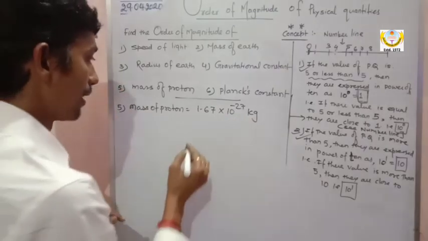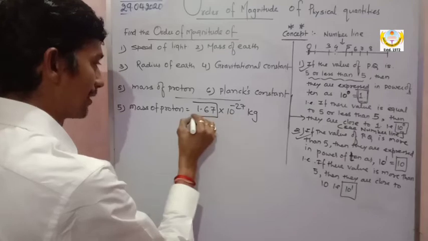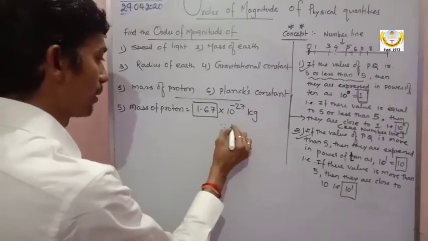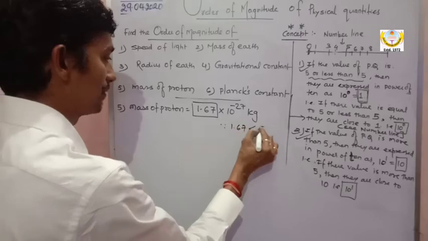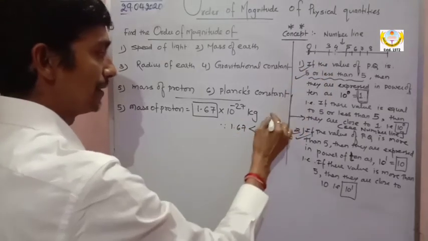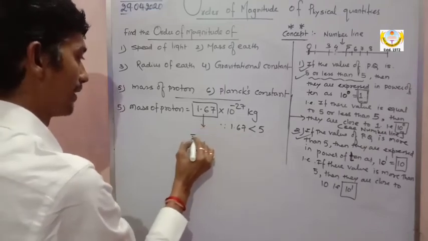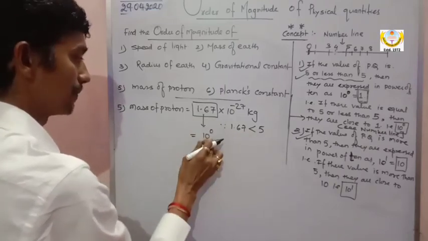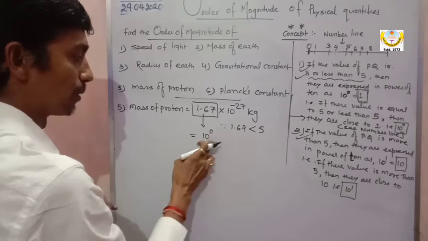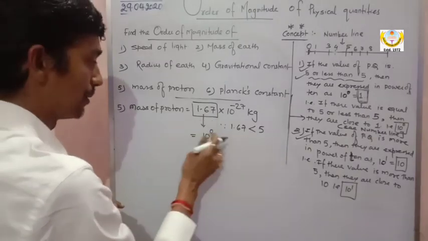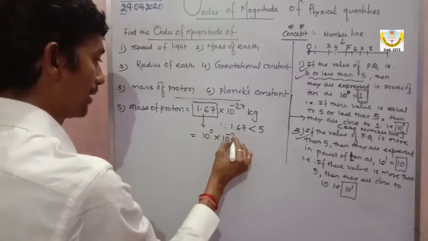Okay. Now my dear, again this is one digit, already given in one digit, 1.67. Since 1.67 is less than 5, that is rule number 1, less than 5, so here I will write 10 power 0 because it is close to 1. So it is 10 power 0 into 10 power minus 27.